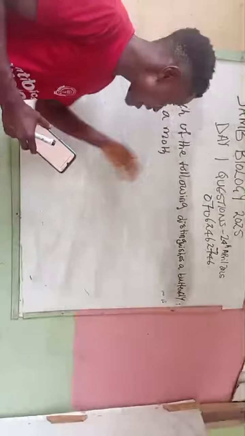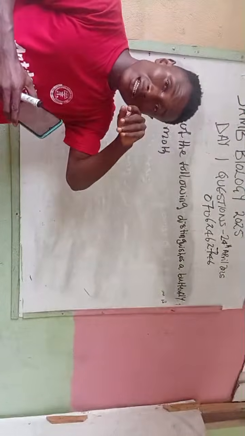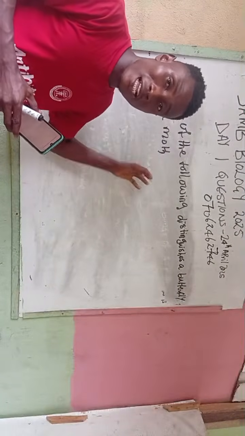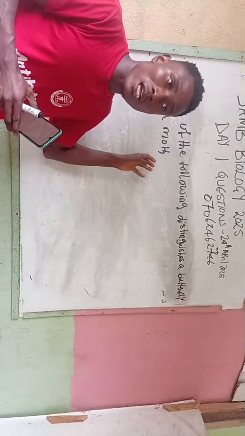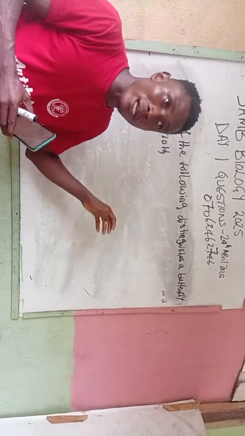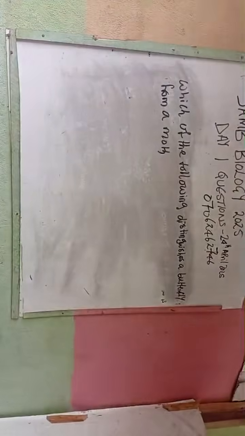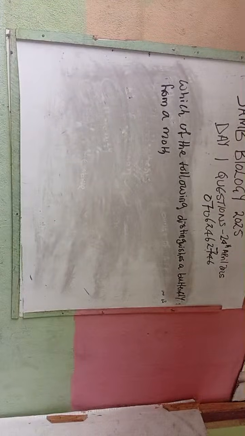I have seen this question in past questions and answers, and there's one option there that is related to abdomen, but it is not the abdomen. It's not eye structure. It's not feathers. Instead of feathers, say wings when it comes to butterfly.